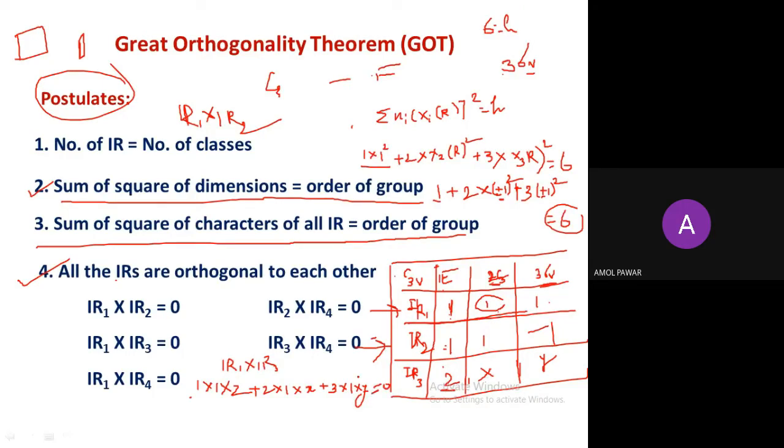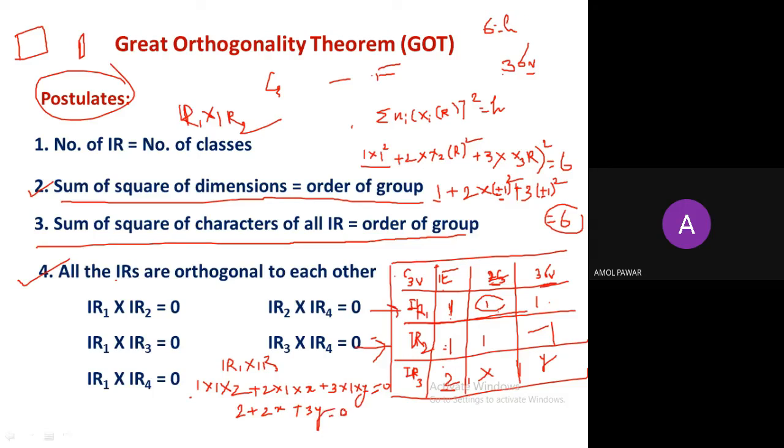So the equation is 1 into 2 is 2, plus 2X plus 3Y is equal to 0.